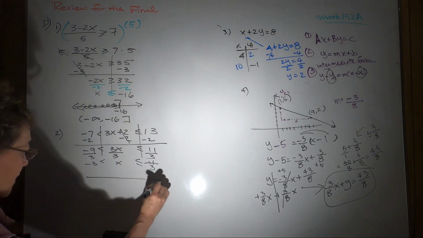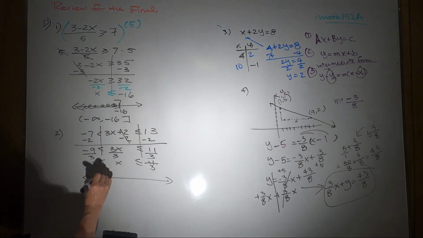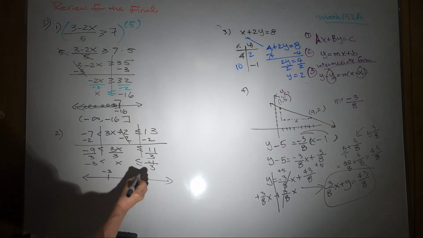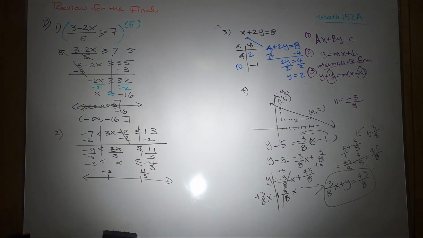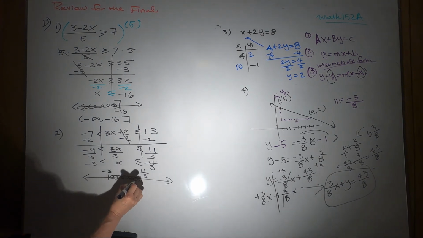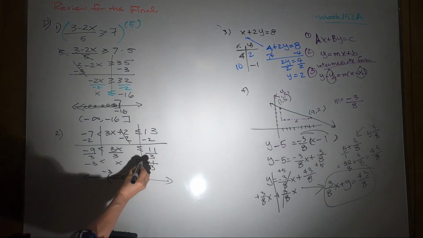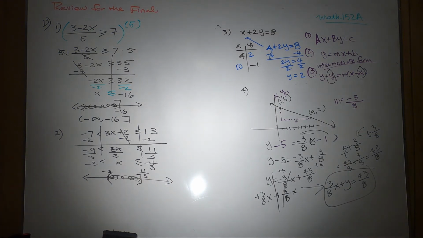Then we also graph it with the answer. Then that would be negative 3 here. That would be what? 11/3 here, right? X is in between, right here. Then this one is a parenthesis. This one you have the equal sign, include the boundary point. Also, we will write it in interval notation.